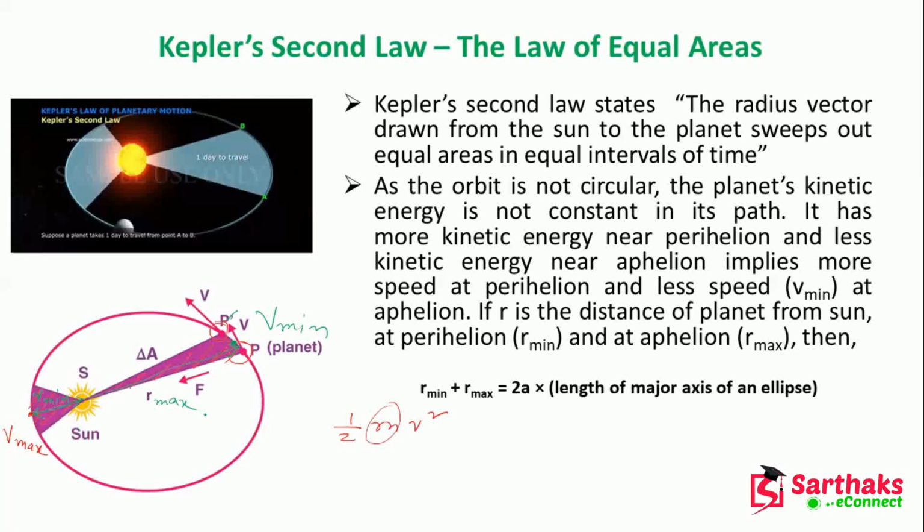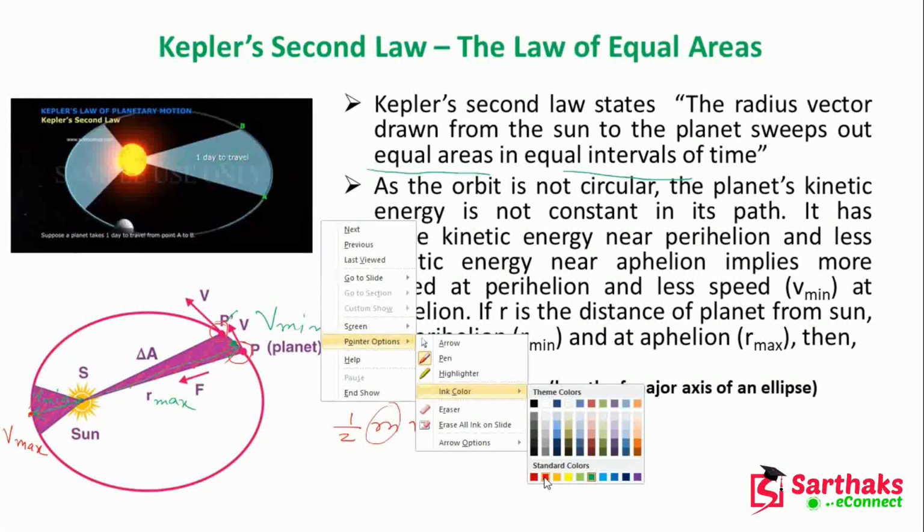Okay, so this is Kepler's second law. The radius vector drawn from the sun to a planet sweeps out equal areas. You should mention this term, equal areas in equal intervals of time. We are not saying for different intervals of time. Remember this. If you are thinking about 1 day of traveling, then this will be the area.